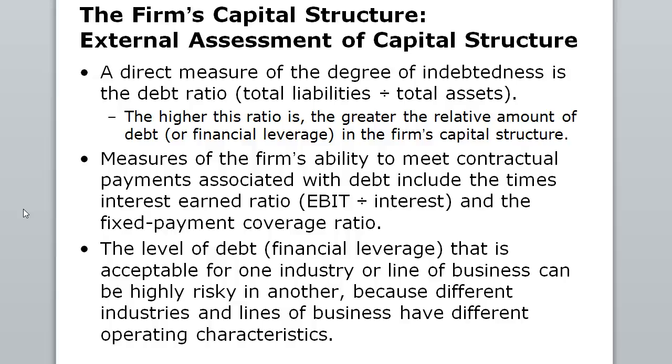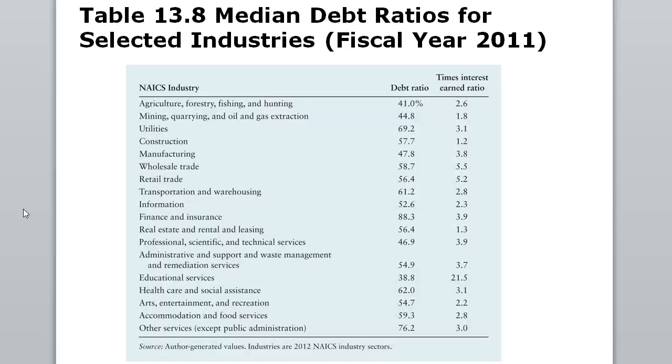The acceptable level of debt financial leverage is different for different industries depending on how risky they are. Riskier companies aren't able to borrow as much debt compared to less risky companies, which can borrow more debt. So for the industry, we could show you the average or median debt ratio, and also the times interest earned ratio for each of the industries.